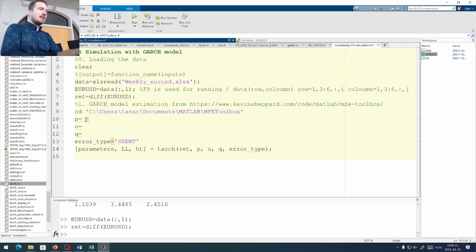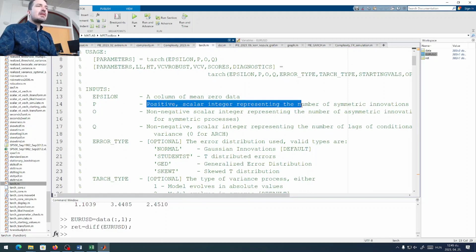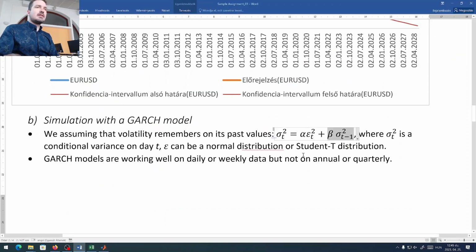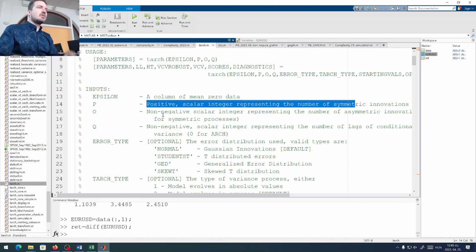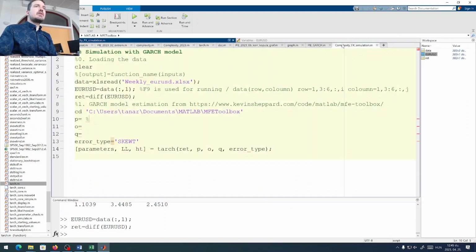Okay, so P is... I'm always confusing them, so let's check. Positive scalar integer representing the number of symmetric innovations, so practically this part.